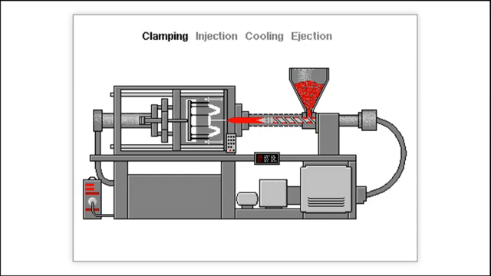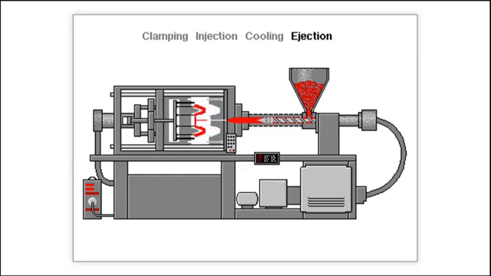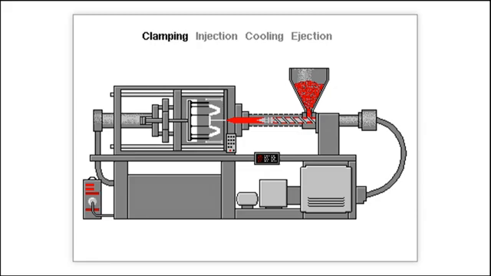When you see from here, you can see this part is called the mold. When it's closed, we call it clamping. After that, the polymer, the red color in this GIF, will be charged into the closed mold. We call it injection.